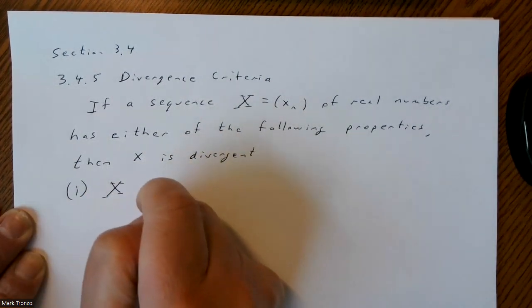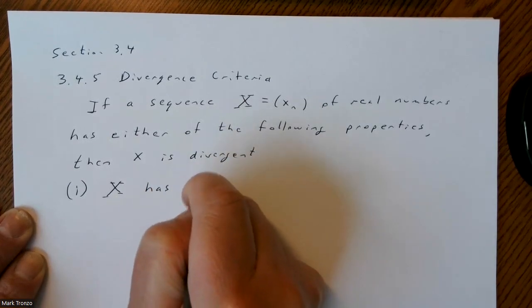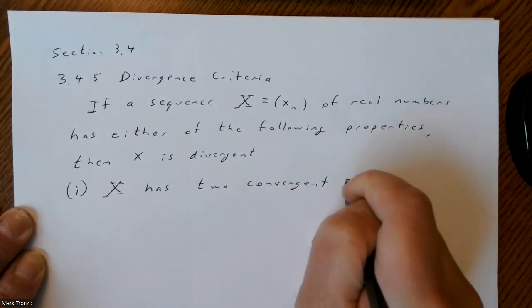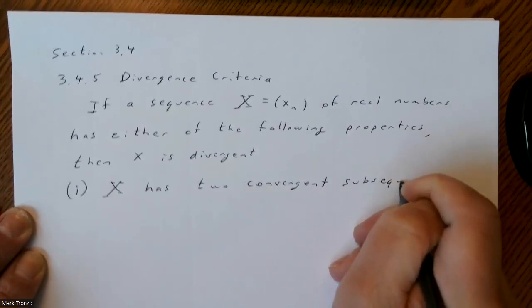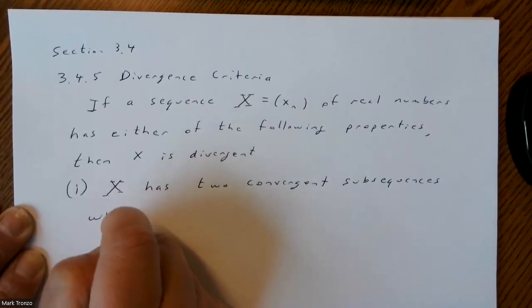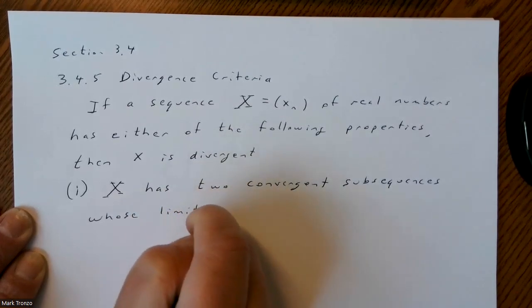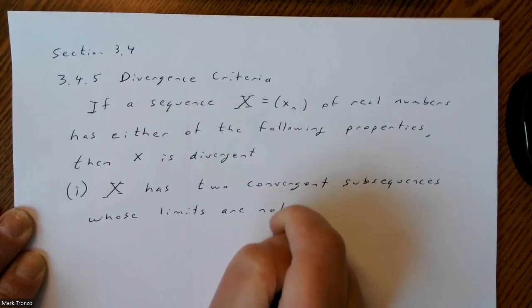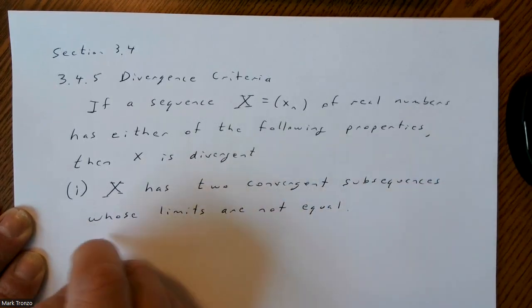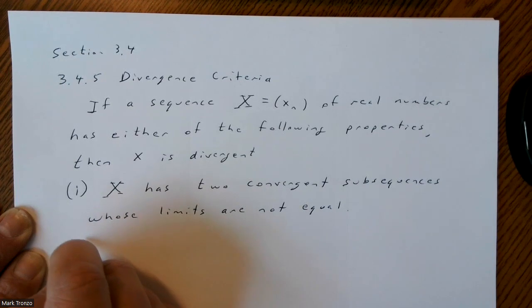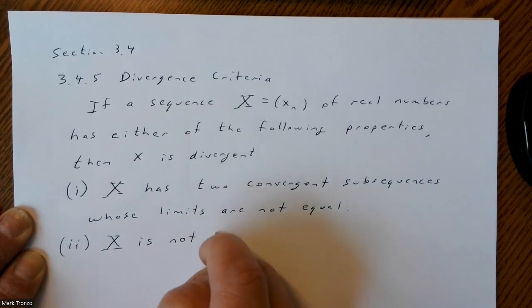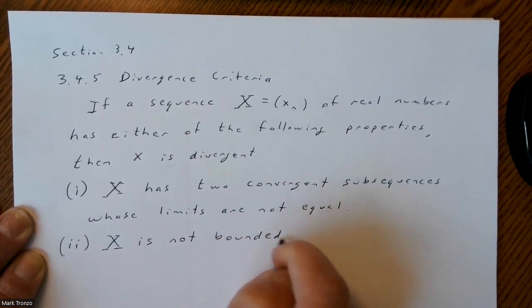Number one, X has two convergent subsequences whose limits are not equal. Or number two, X is not bounded. The sequence is not bounded.